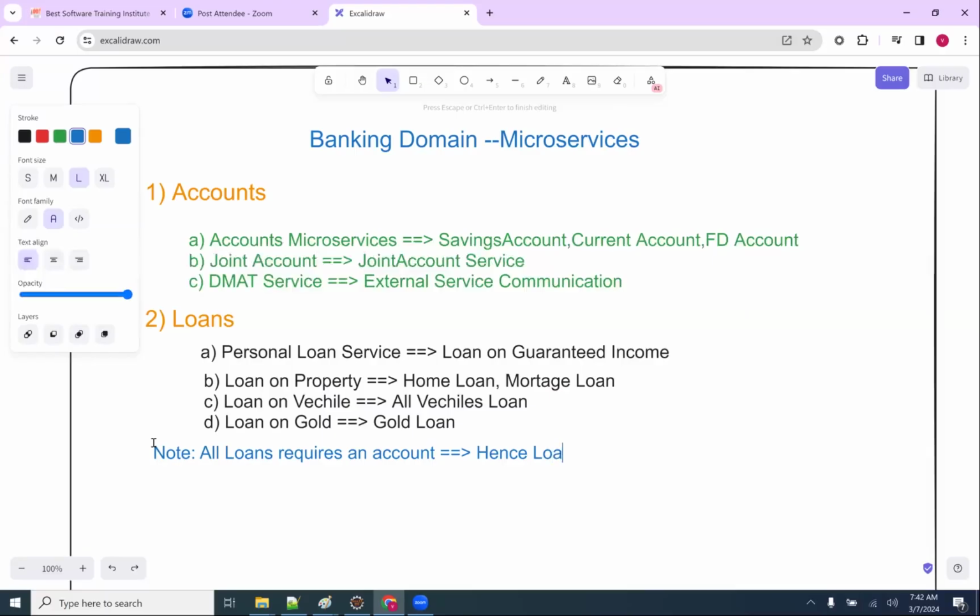Hence, loans capability should communicate with accounts capability. That is services communication. But we cannot write the same code over here also. It's a separate capability. Okay, understand, right?